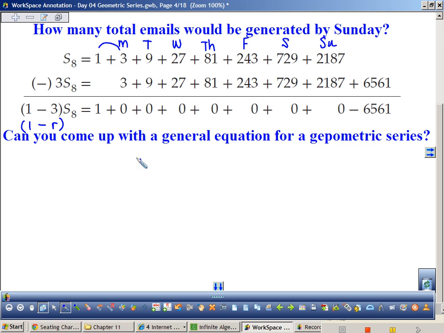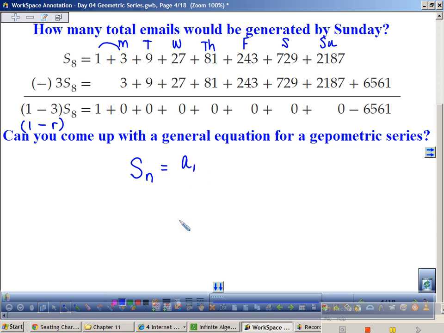We've got a_1, so I'm trying to find a geometric series. So I'd have a_1. Okay, try. S_n equals a_1 minus a_n over 1 minus 1. Oh, yeah. You're close. You're close. This term right here, how did we get here?